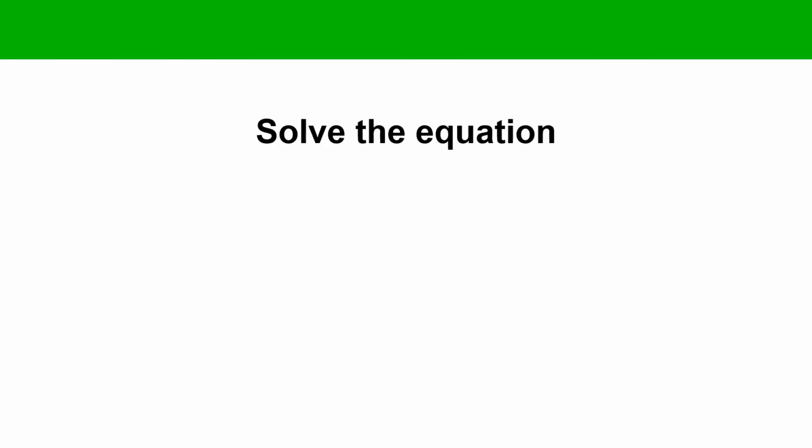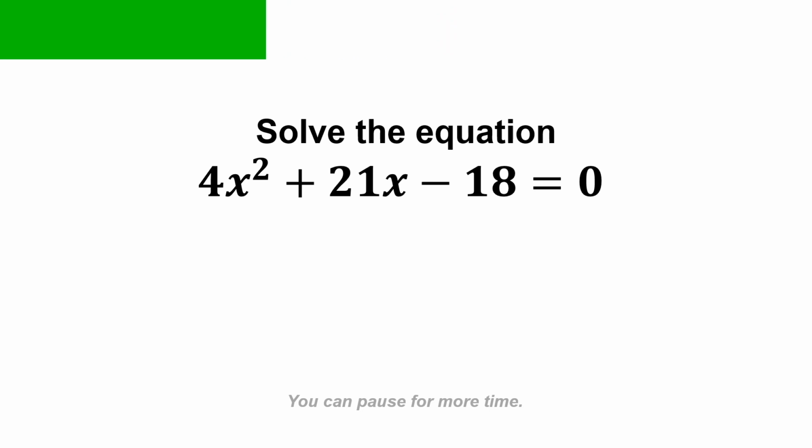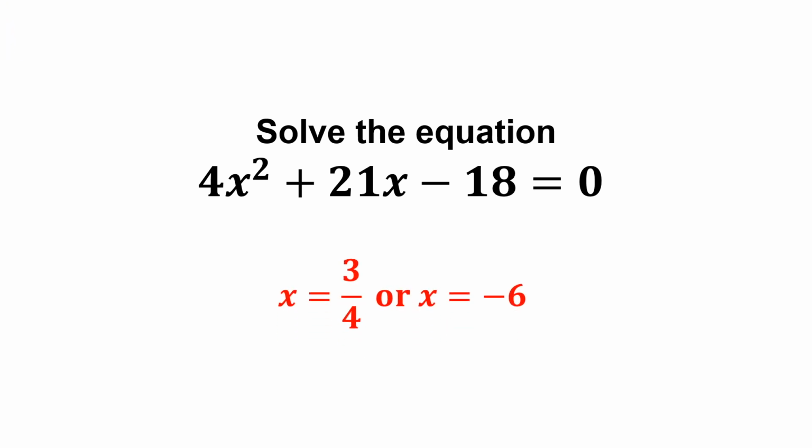Solve the equation 4x squared plus 21x minus 18 is equal to 0 by factoring. The roots are x is equal to 3/4 or x is equal to -6.